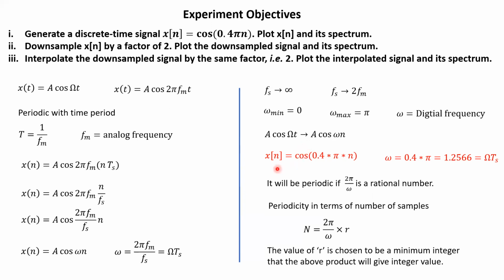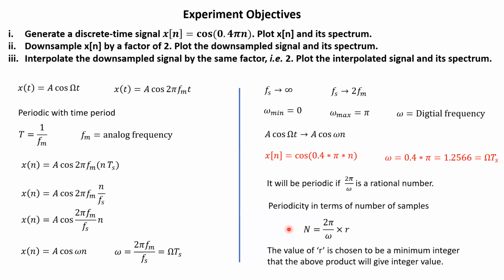It does not need to be periodic. The sufficient condition is that it will be periodic if 2 pi divided by this value of omega is a rational number.